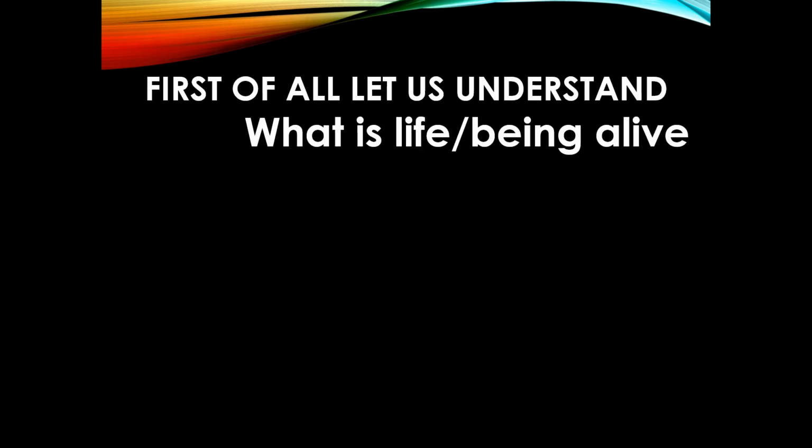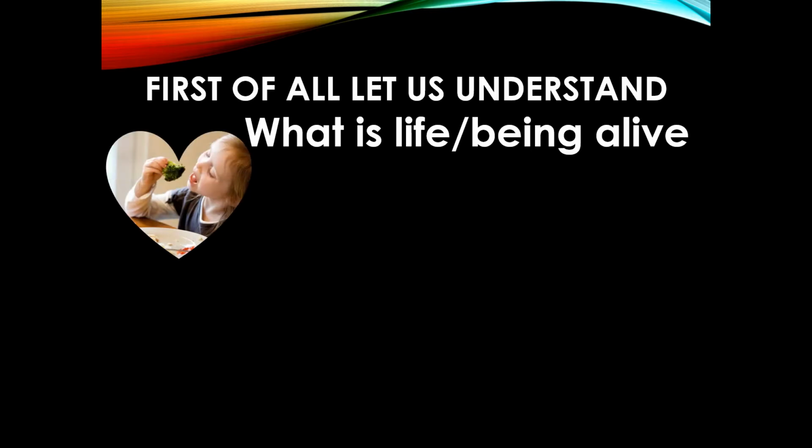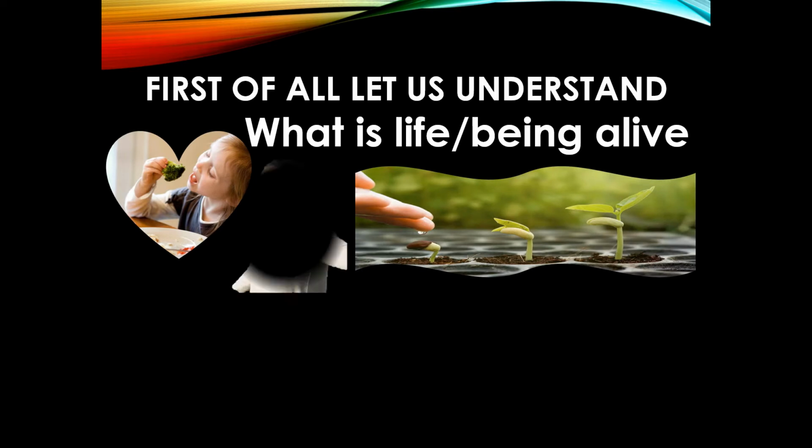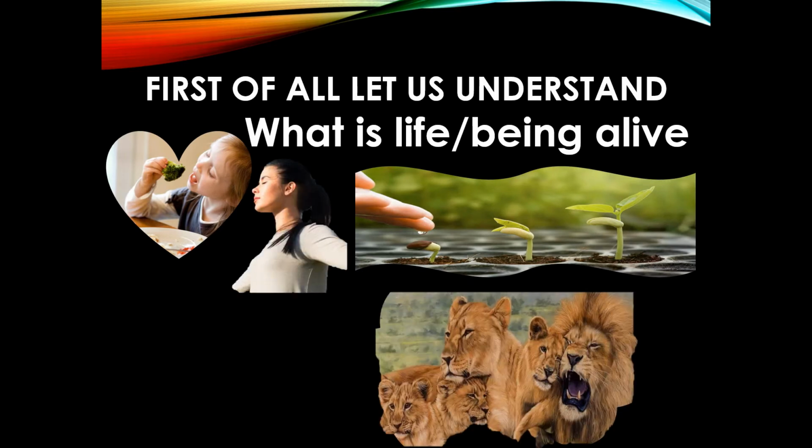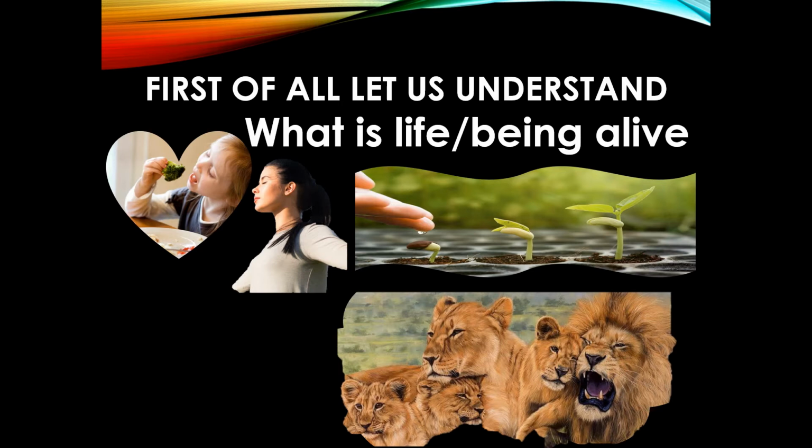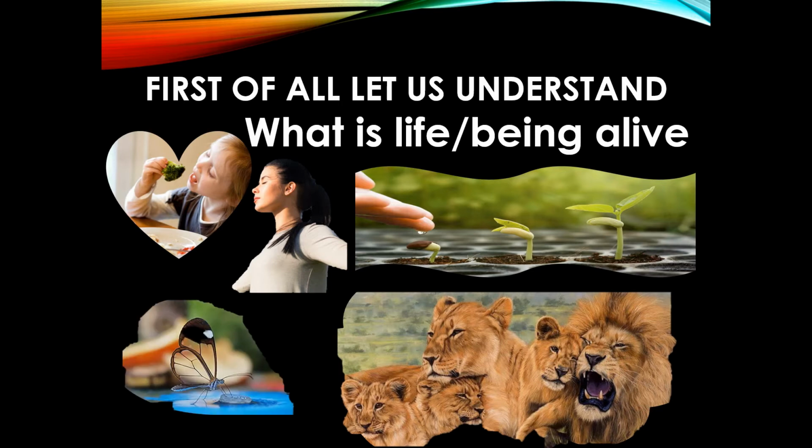Now, let us first understand what is life or what do we mean by being alive. Any entity that takes nutrition, that grows, that respires, that reproduces, that produces young ones, and that has feelings or is sensitive is known as a living being.